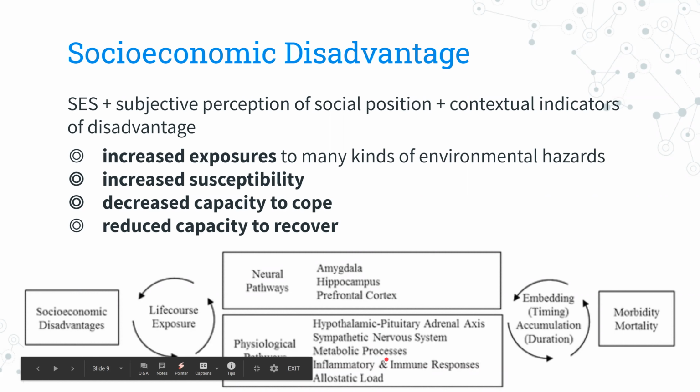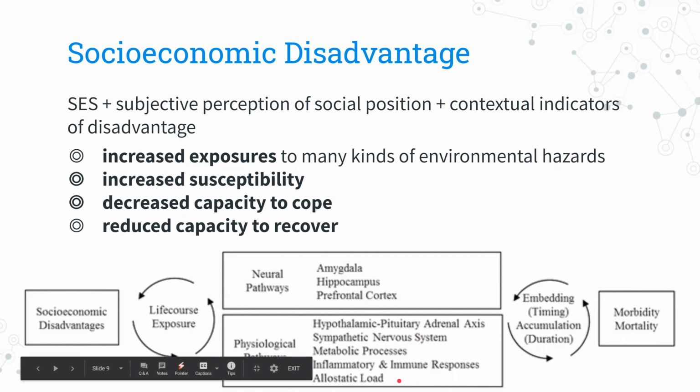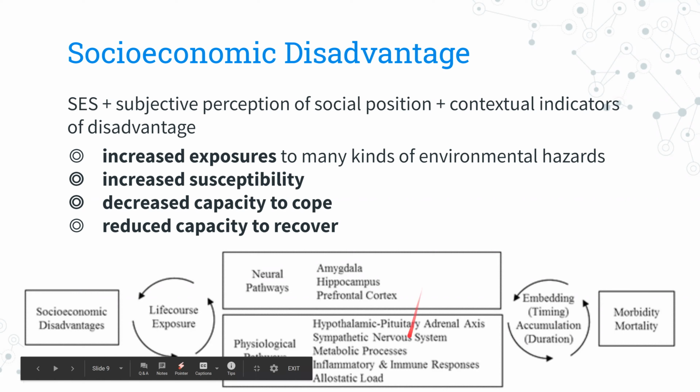It also has an impact on your immune response and the rate of inflammation within your body. All of that plays a role in allostatic load and the wear and tear. Over time, you get an increase in morbidity and mortality. All of this at this point should be familiar to you. And if it's not, then go ahead and pause this, go back and review any of these that aren't familiar.